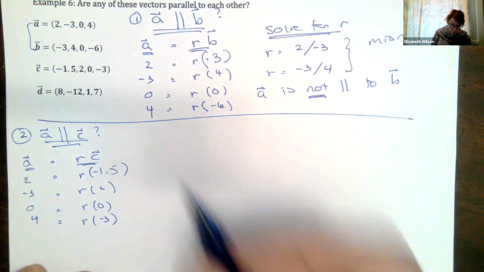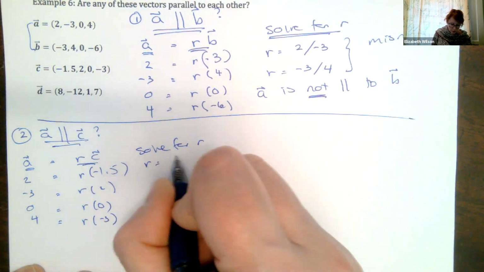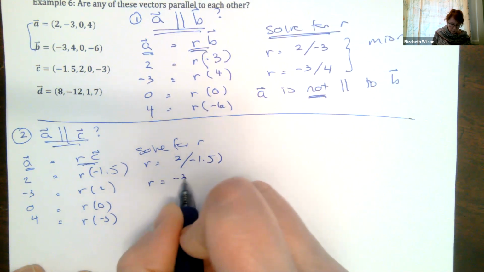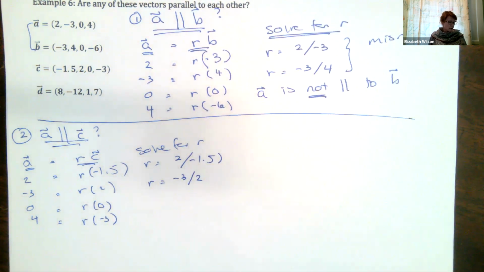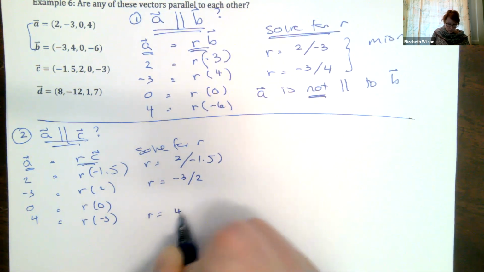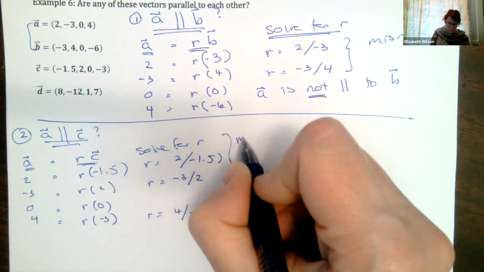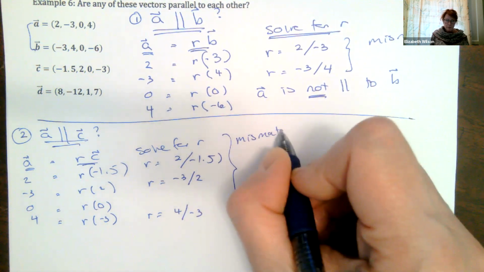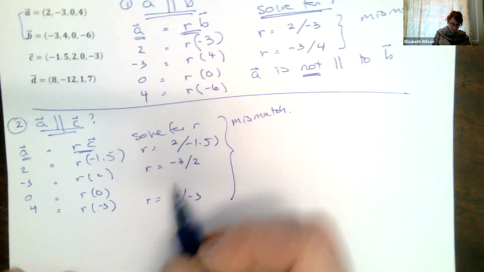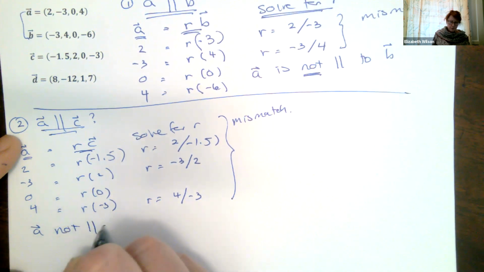And I'm going to solve for R. So R is equal to 2 divided by -1.5. R is equal to -3 divided by 2. So it looks like I've got a problem again, right? And this is equal to R equals 4 divided by -3. So there's a mismatch. The R's don't equal, so then we can say A is not parallel to C.